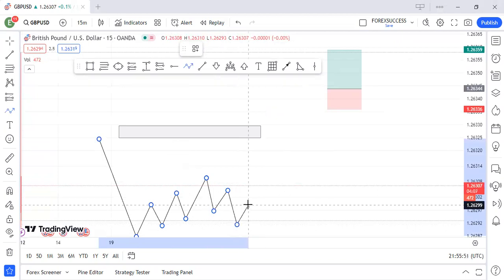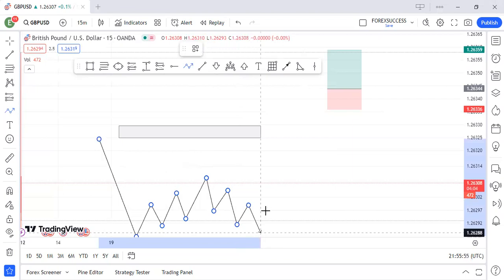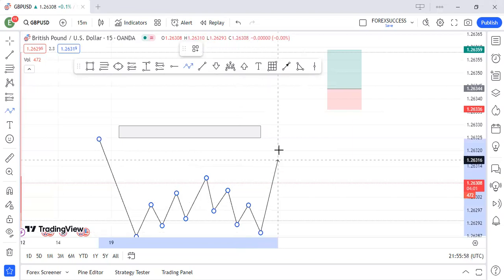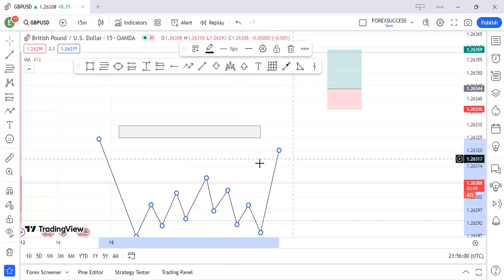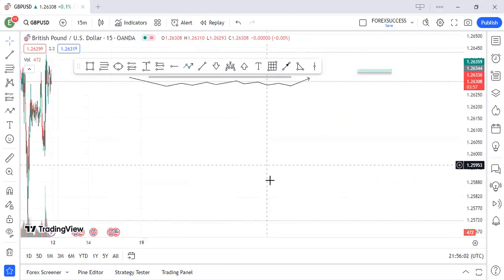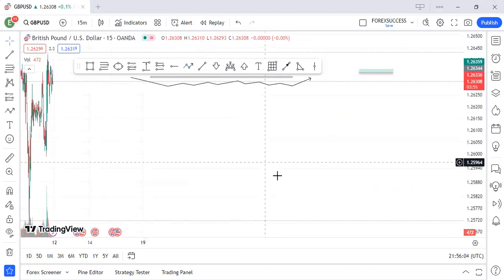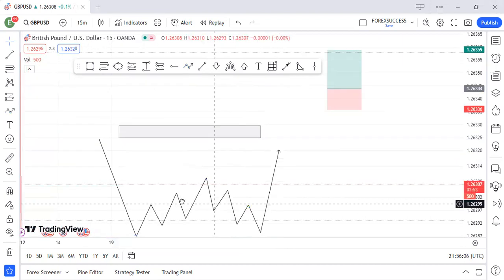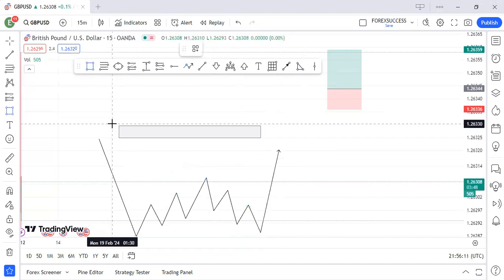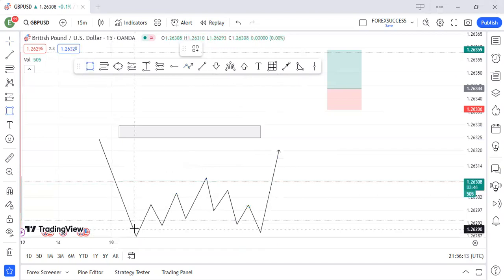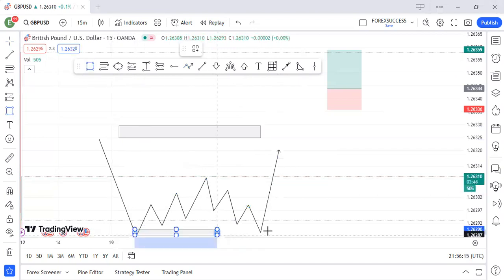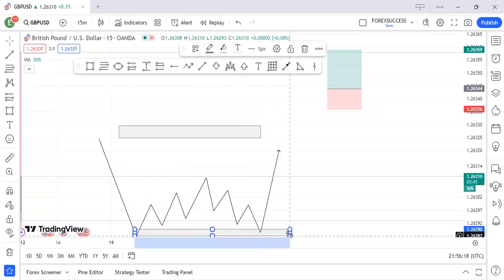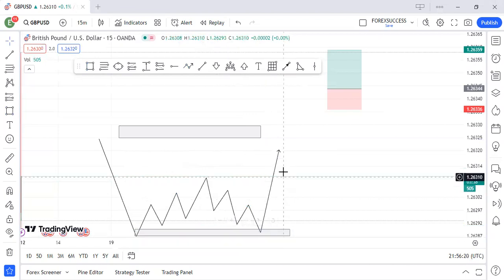On observing this change of character, we draw our order block, right? So we draw our order block here, expecting that price will just tap in here and respect this.